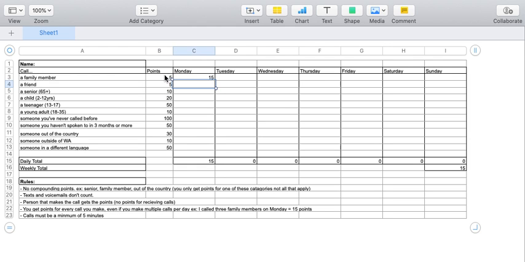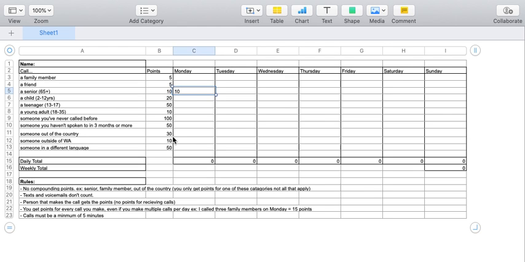So let's just say you did call a relative who is 65 years or older and they're living out of the state. It's wiser to give yourself points for calling someone who is 65 years or older rather than points for a family member, because you get 10 points instead of 5 points.